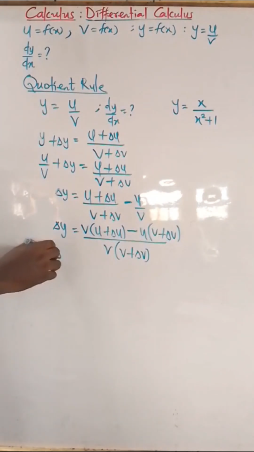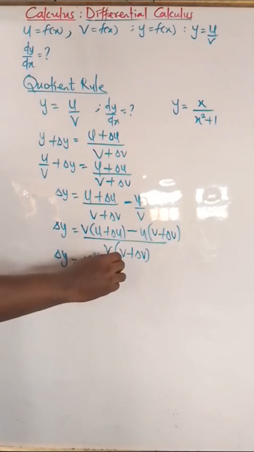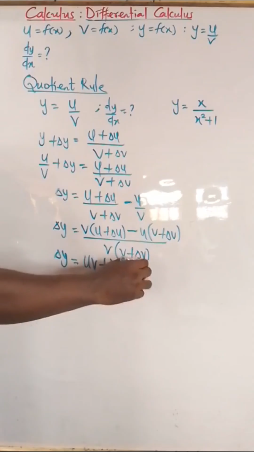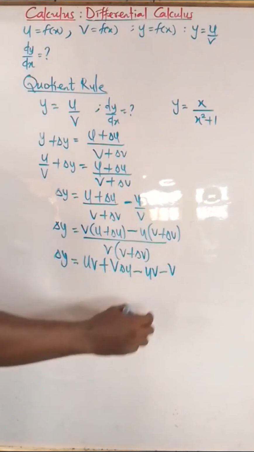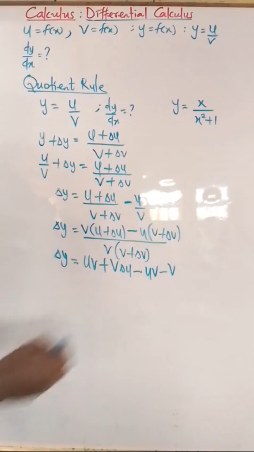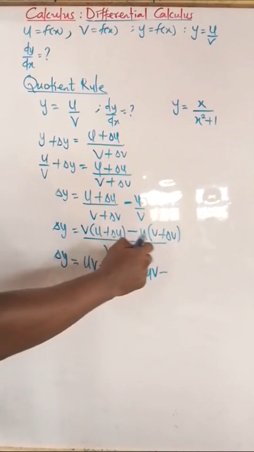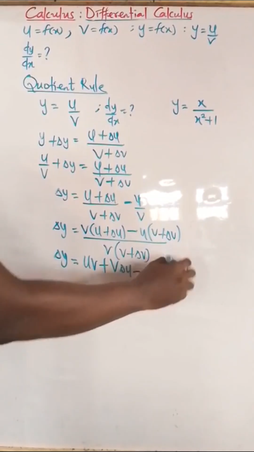We can continue by expanding. This will give us uv plus v change in u minus uv minus v change in, okay, this will be u change in v.